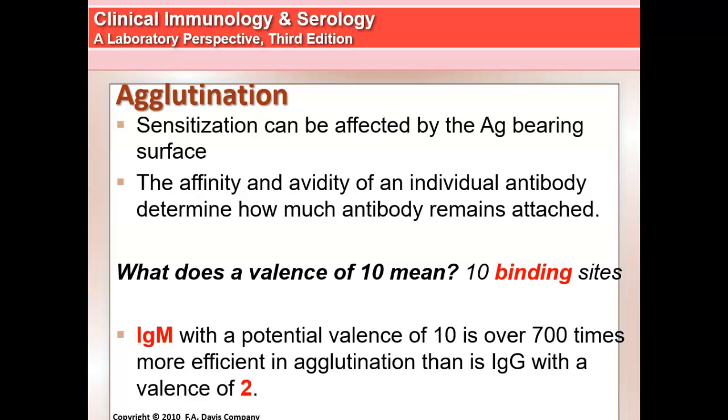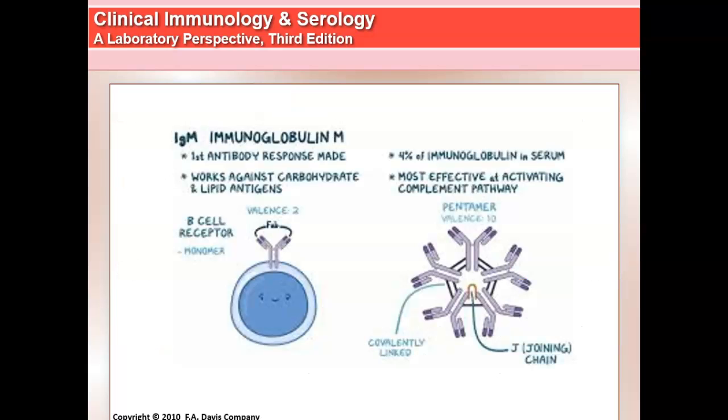And we remember that IgM has a potential valence of 10. So it is over 700 times more efficient in agglutination reactions than IgG that only has a valence of 2. And here we have an example of the IgG with a valence of 2 and the IgM with a valence of 10.